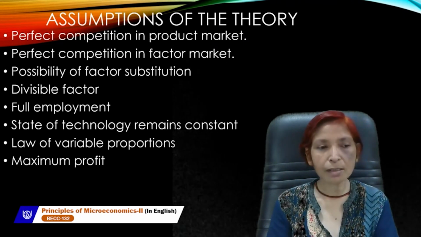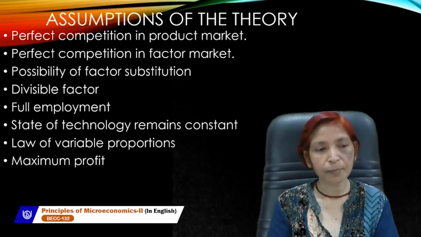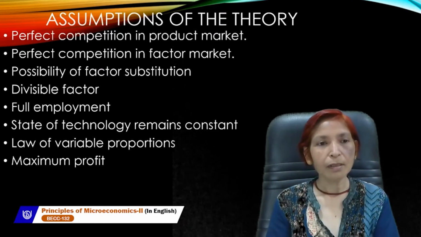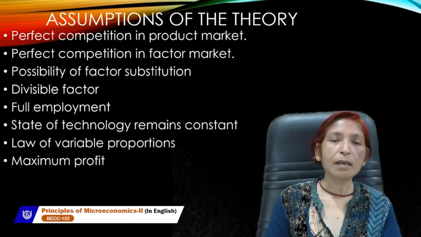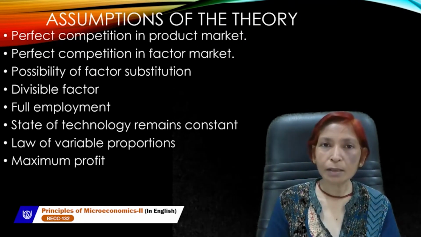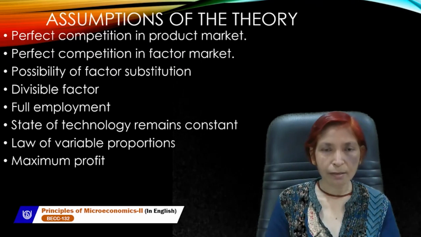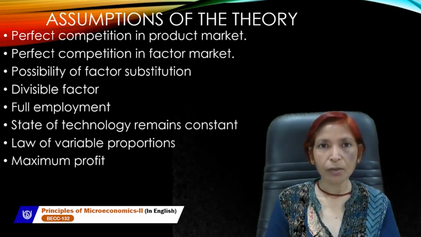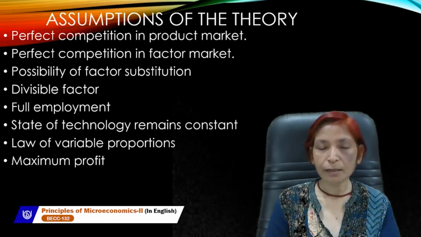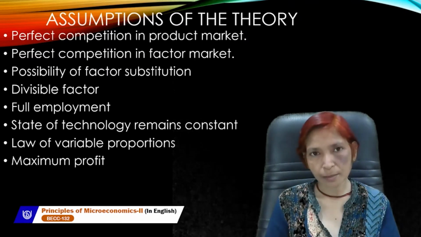The next assumption is full employment. Under this assumption, we assume that full employment exists in the economy. Full employment is a situation where all persons who are willing to work get job opportunities.